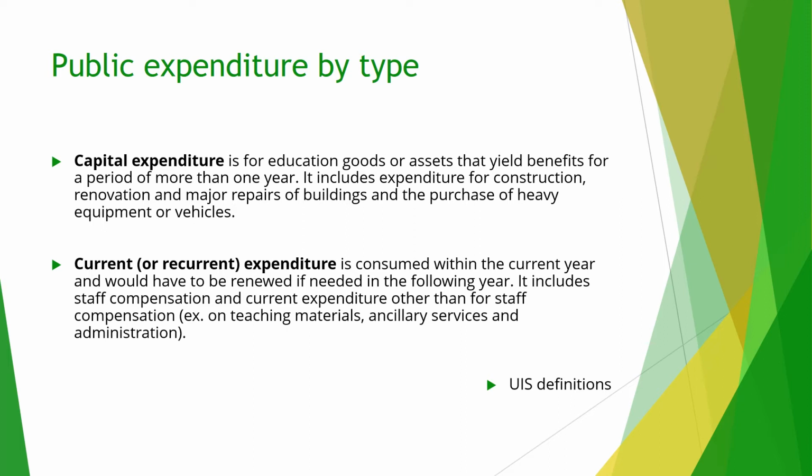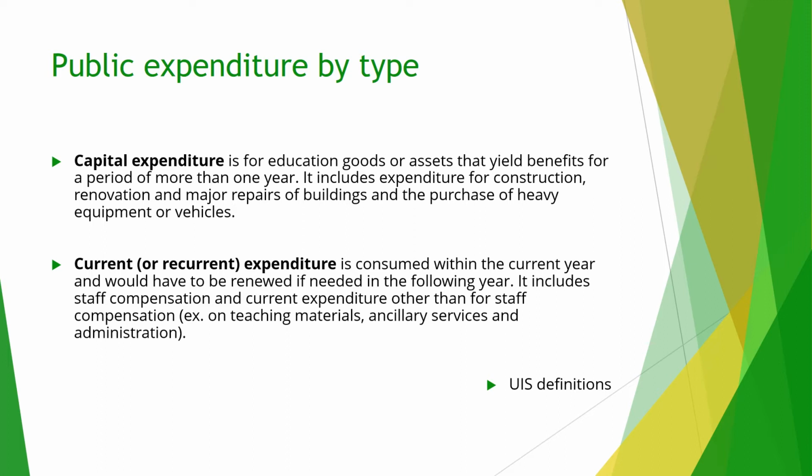One important point to mention is that the teaching materials, for instance, may in some cases be considered capital expenditures. School manuals, for instance, would have a lifespan longer than 1 year, and they may be considered capital expenditure.